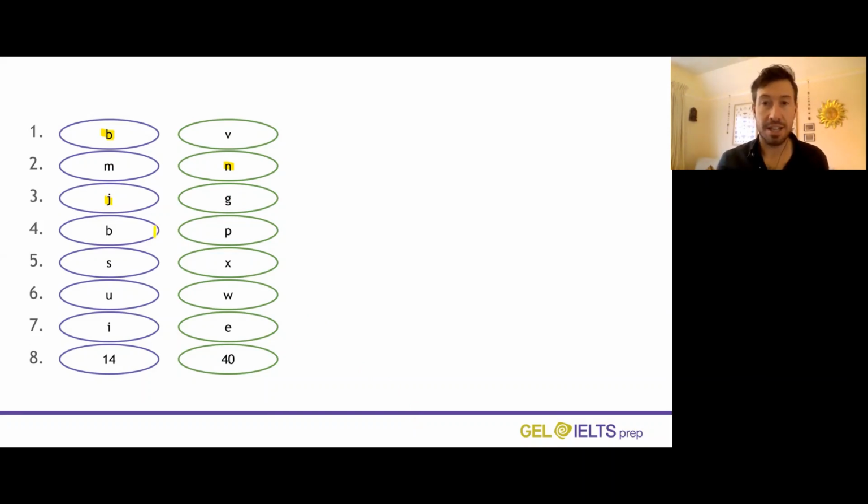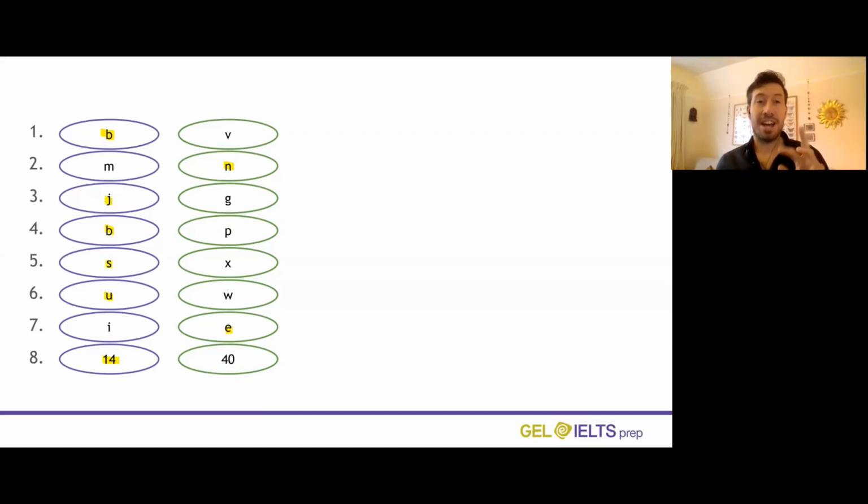Then I said B again instead of P. For the fifth one, I said S, and I didn't say X. The next one, I said U and not W. And for the next one, I said E and not I. And for the final one, I said 14, not 40. 14, you can hear the longer sound at the end compared to 40.